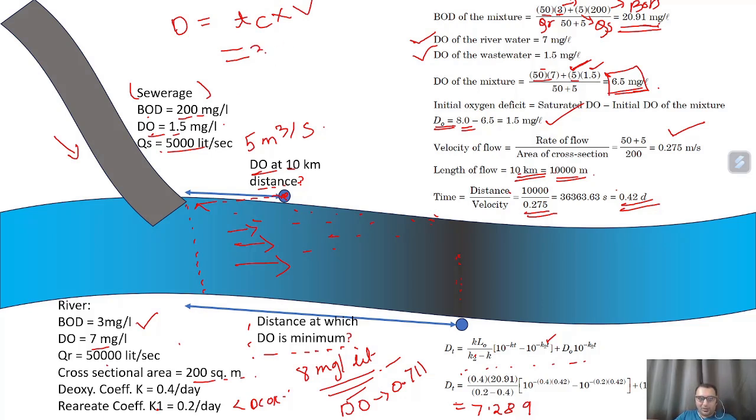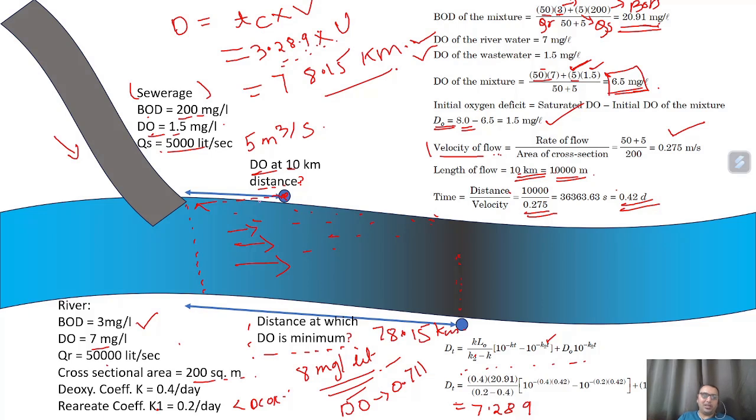So the critical time comes out to be 3.289 days, and you multiply this by the velocity, converting the meter per second into meter per day, because we have our time in days here. So velocity, please convert, that is a kind of exercise for you. So you will get the answer, that is around 78.15 kilometers.